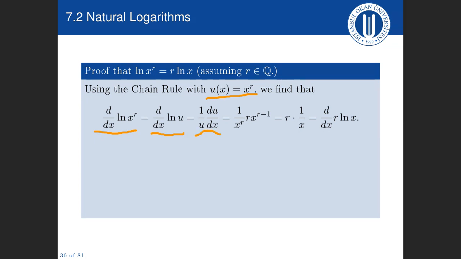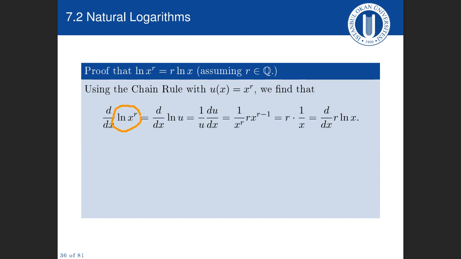And what is du dx? Du dx, of course, is just r x to the power r minus 1. Most of these terms will cancel, and we just end up with r multiplied by 1 over x. But wait a minute, that's the same as the derivative of r ln x. So just as we did before, we have two different functions which have the same derivative.